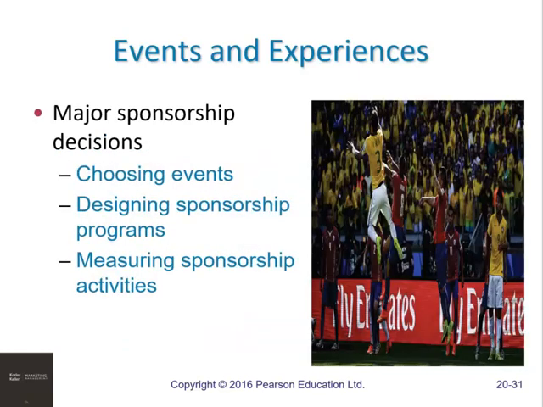Making sponsorships successful requires choosing the appropriate events, designing the optimal sponsorship program, and measuring the effects of a sponsorship.